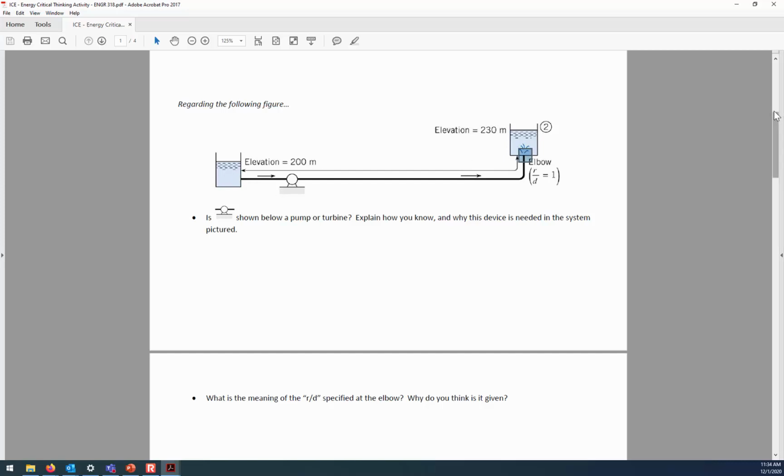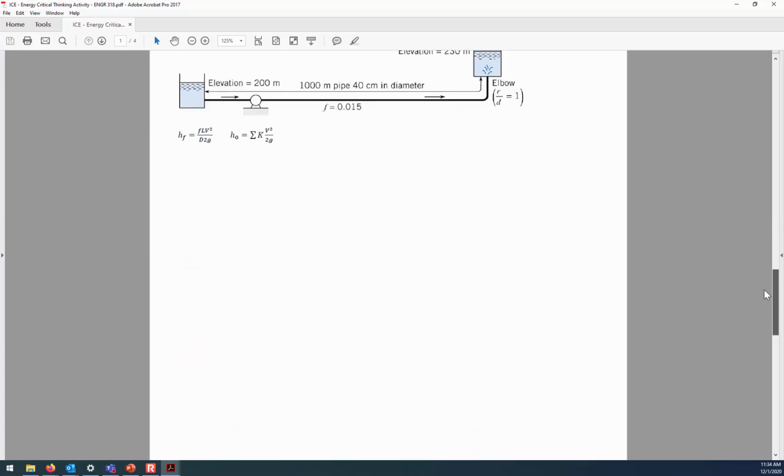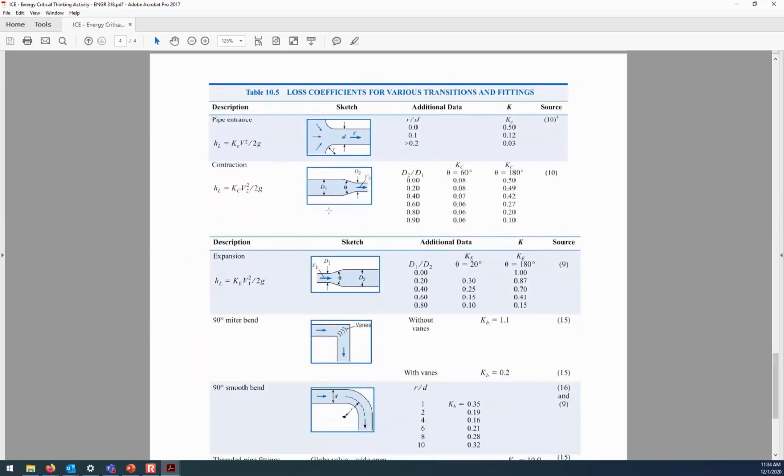And let me go back to the table and show you how we handle inlets and outlets. Those are considered as a pipe entrance where you have a really large diameter pipe going to a small diameter pipe. I guess maybe the expansion and contraction.